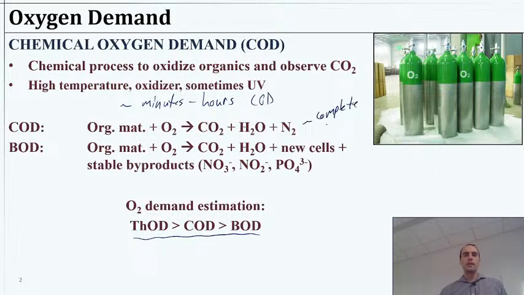Sometimes you'll see it written as complete mineralization because it's a mineral instead of an organic form. Whereas with the BOD, we're going to get some stable byproducts, but they're not all completely oxidized. For example, nitrite and nitrate here could be taken further, all the way to N2 gas. Some bacteria can do that, but we have to give them the right conditions.